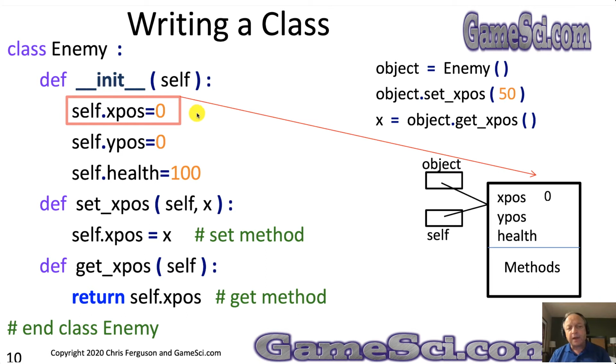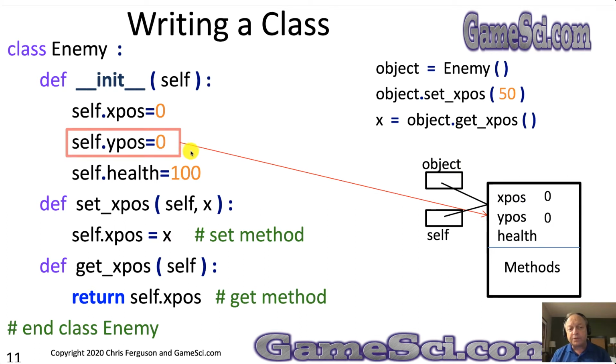Init says self.xPosition equals 0. We'll look at self. Self.xPosition will insert a 0 into the object variable xPosition, or xpos. What you'll notice is when it installs it into self, it is also setting object's xPosition.